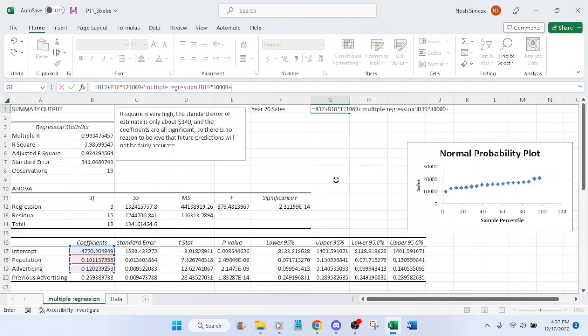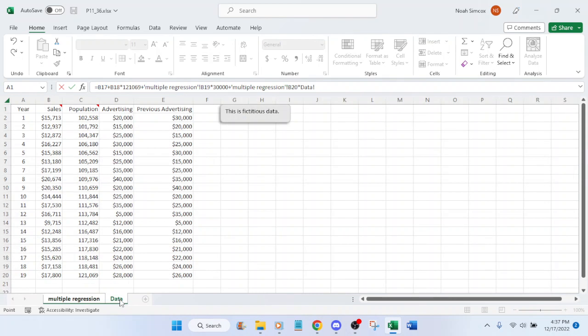Plus previous times previous years added. I mean, that's got to be it, right?